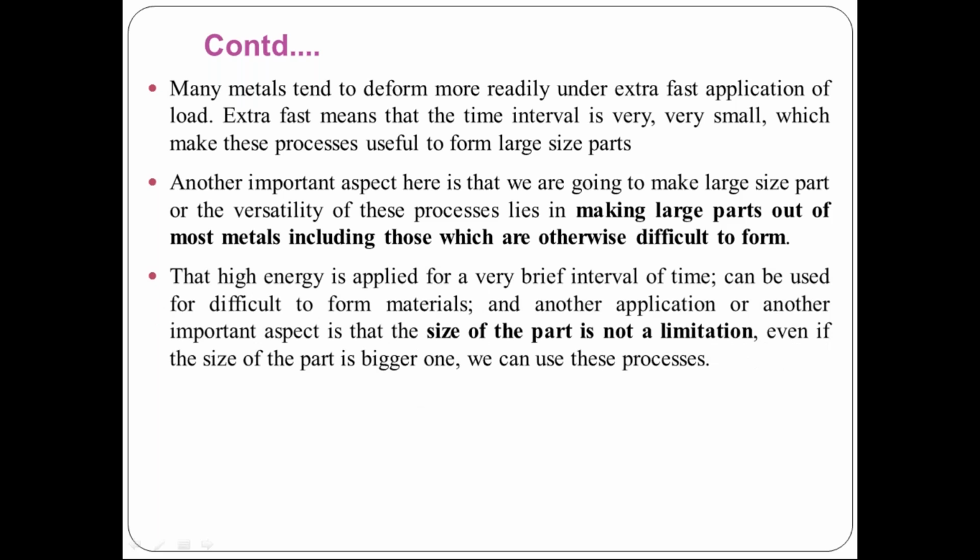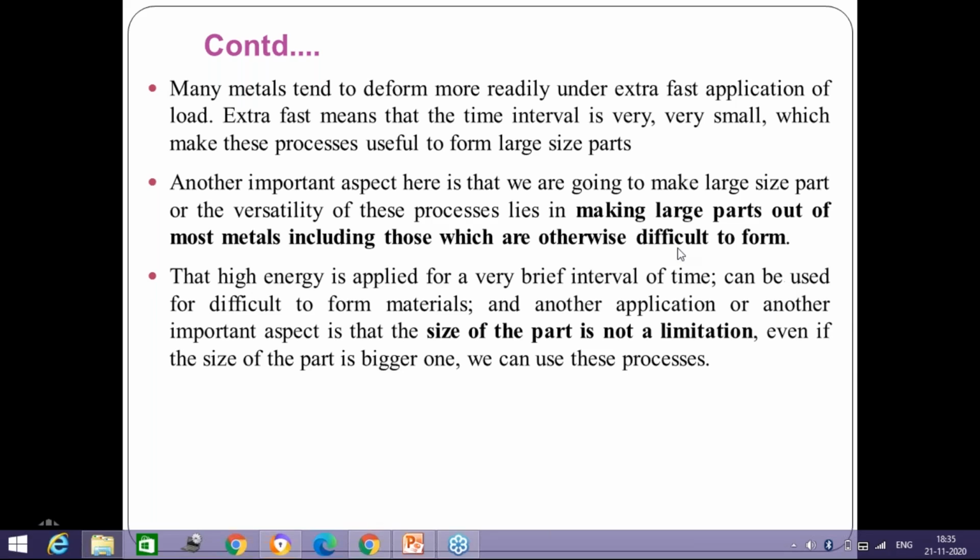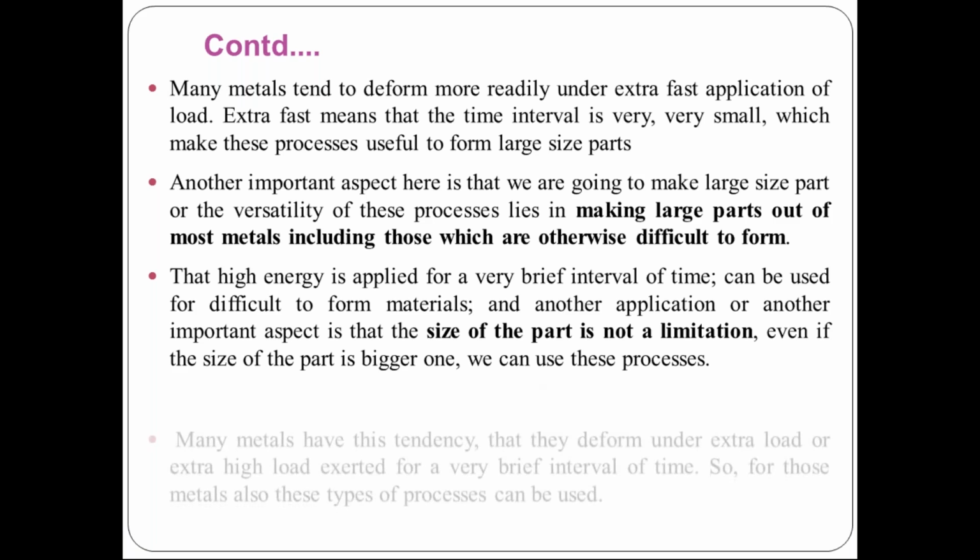That high energy applied for a very brief interval of time can be used for difficult to form materials. And another important aspect is that the size of the part is not a limitation. Even if the size of the part is bigger, we can use this process.